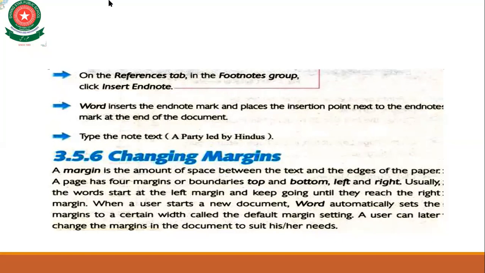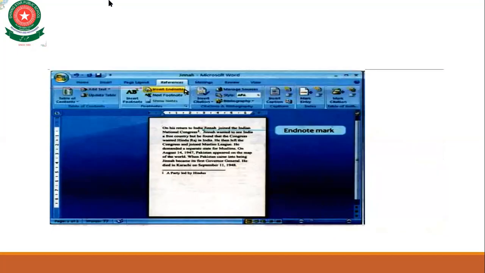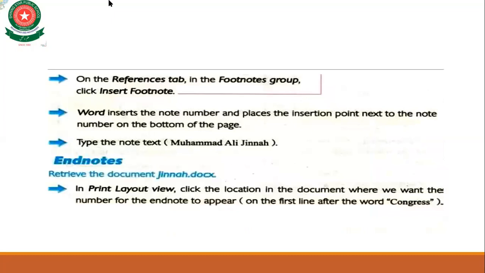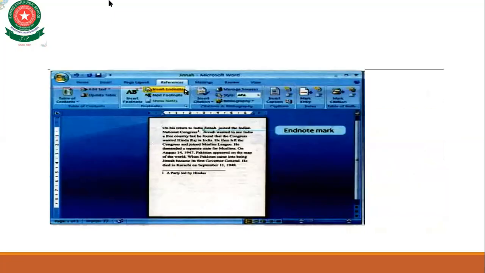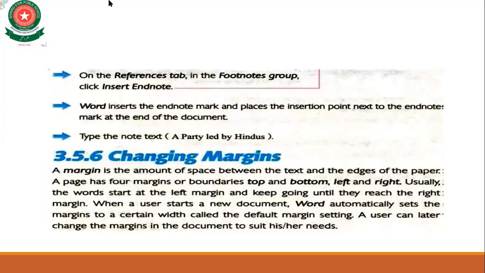Both are the same. Just open a saved file, then click where you want to add the footnote or endnote. In print layout view, on the References tab in the Footnotes group, there are both options, endnote and footnote.